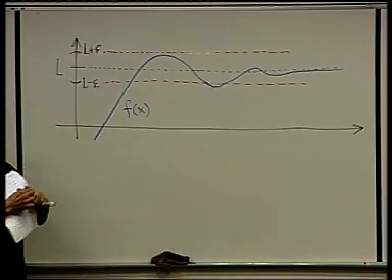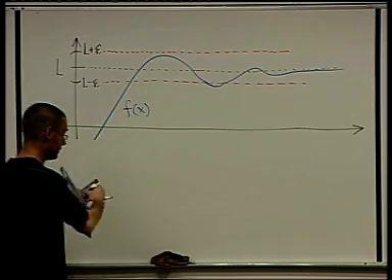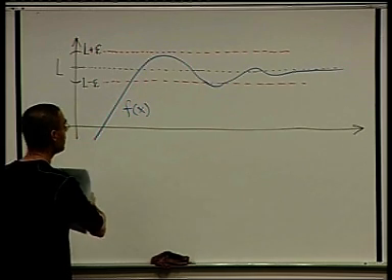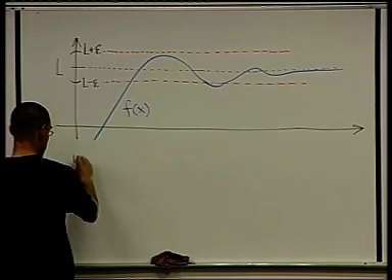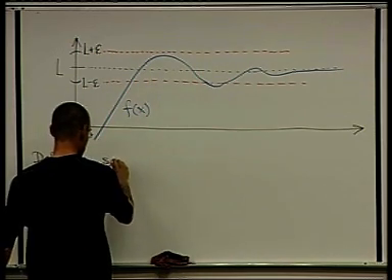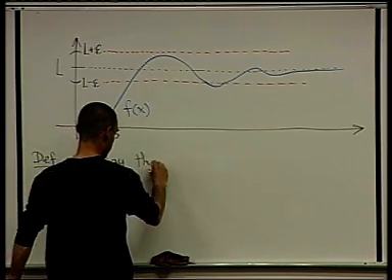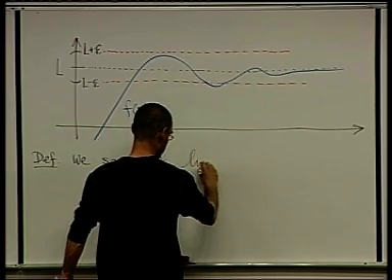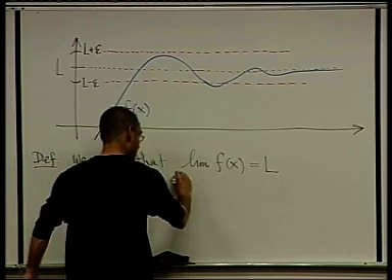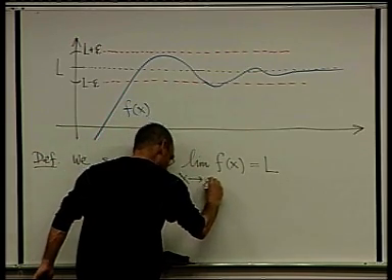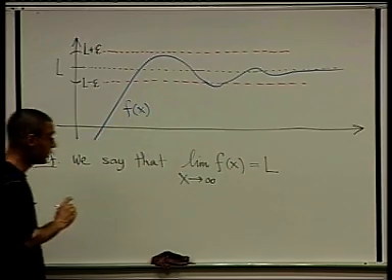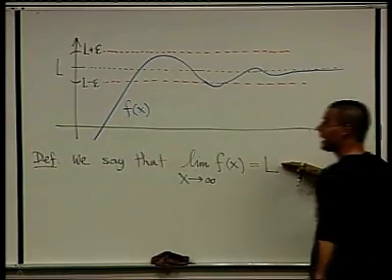So the way we're going to say it is the following. This is the definition. We say that the limit of f(x) is L when x goes to infinity. This is different than what we had before, but still L is finite.